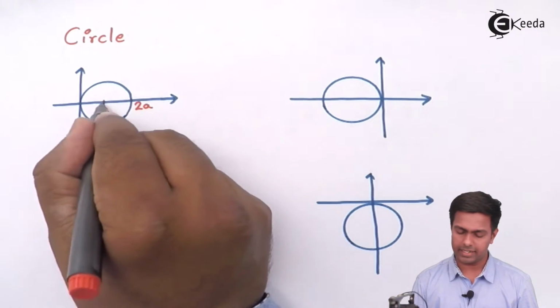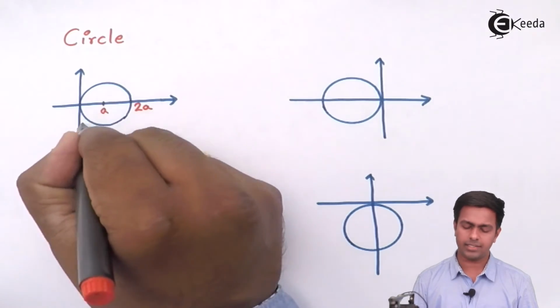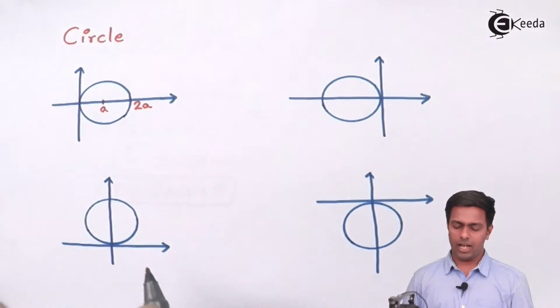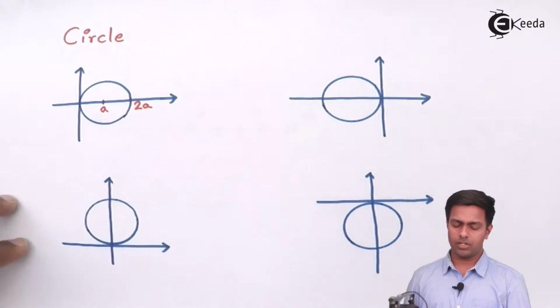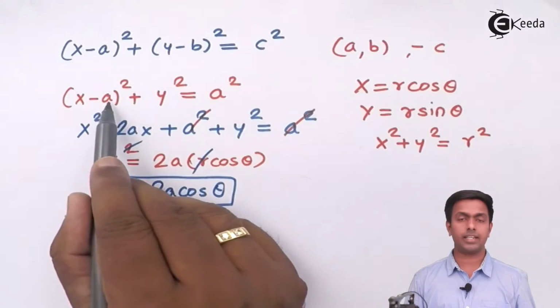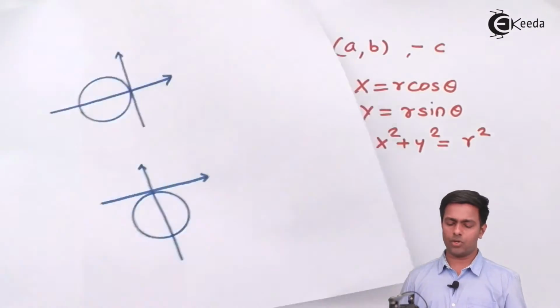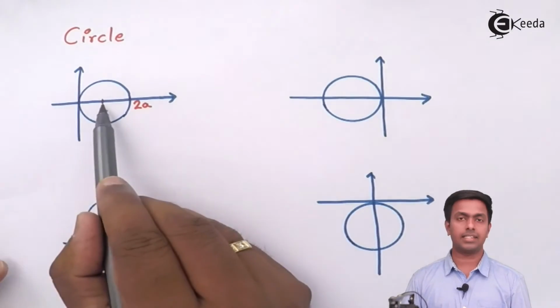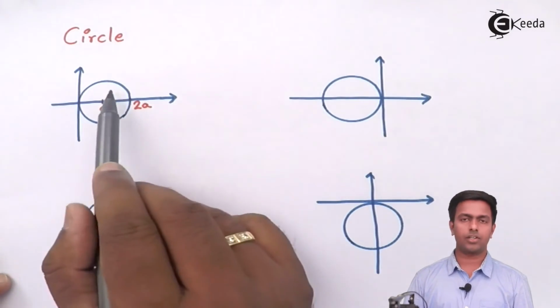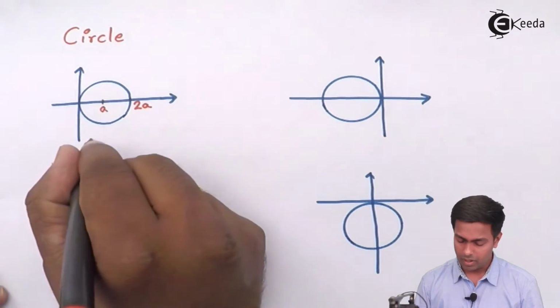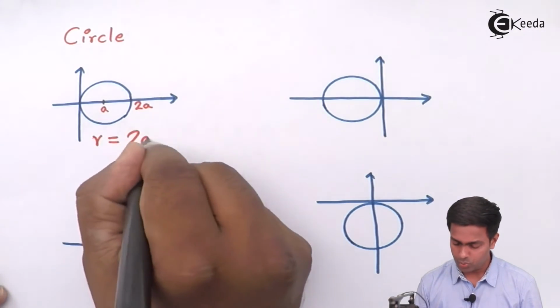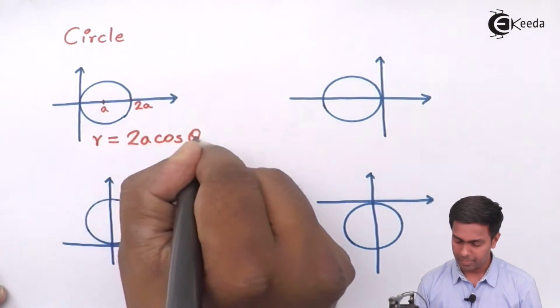So this side is a, this side is a, so on all sides we get radius a, and the center is at (a, 0), because as we said the center is at (a, 0), so the point (a, 0) will come on the x-axis and this will be the circle. So I can say that the equation of this circle is r equals 2a cos theta.